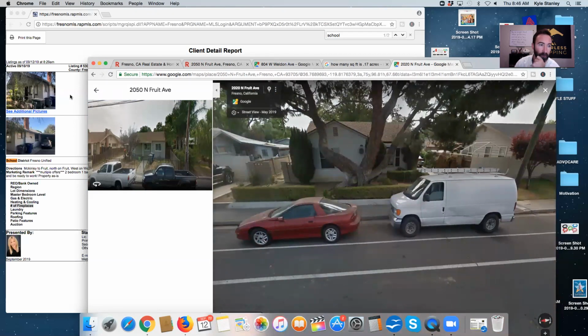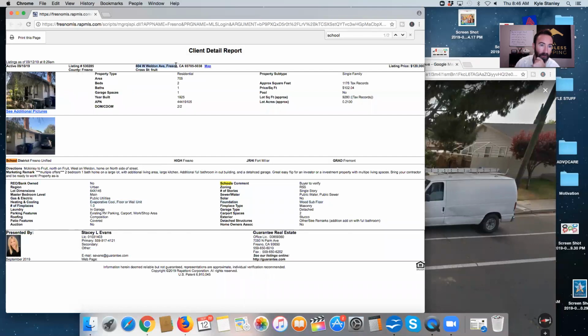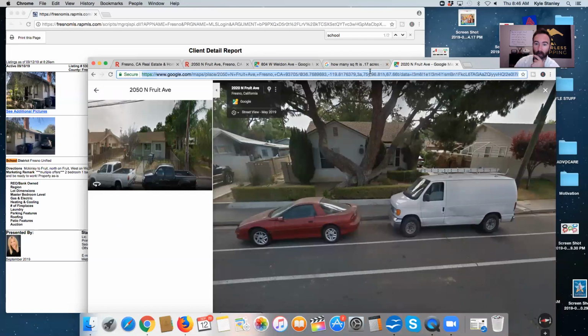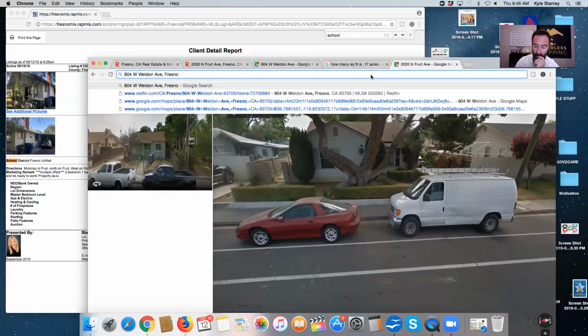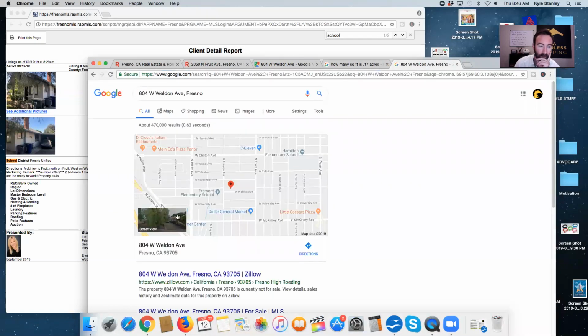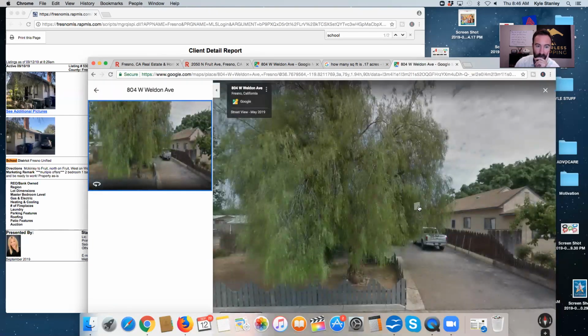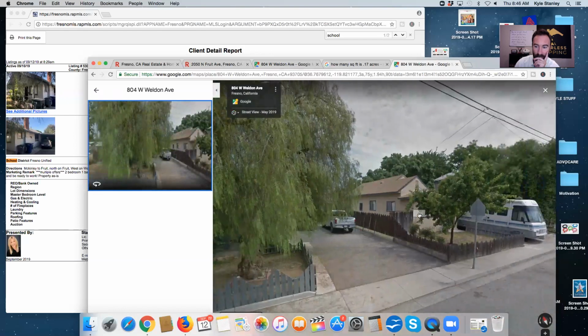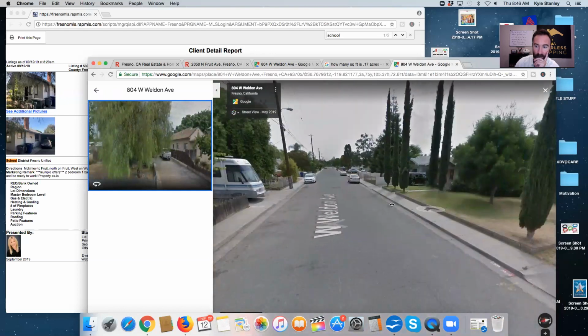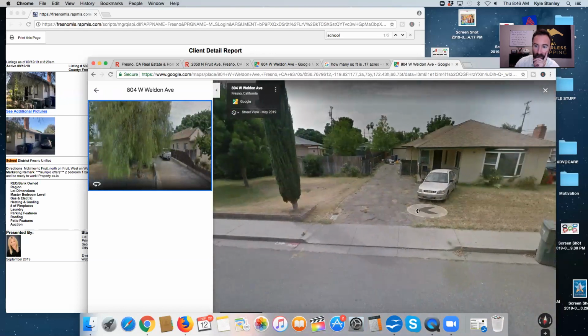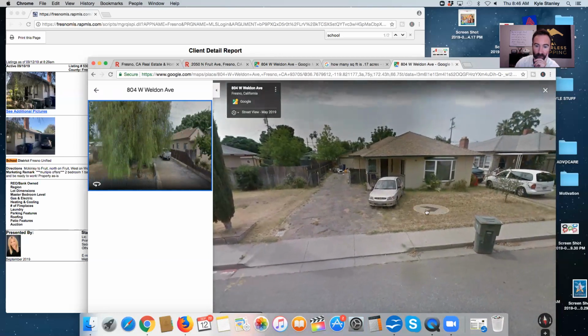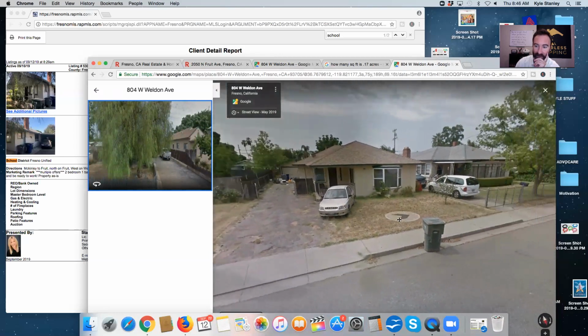Now I want to check out what my neighborhood looks like on my potential deal. So I'm going to copy that, once again put it into Google and Street View. Okay. Let's see here. Neighbor across the way.